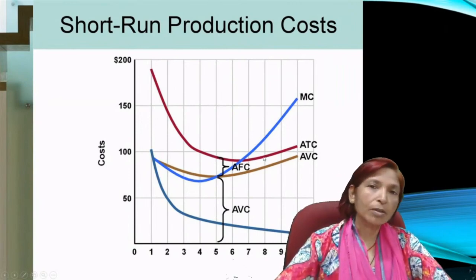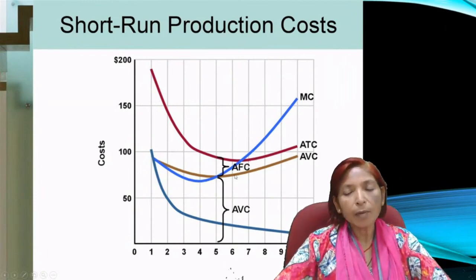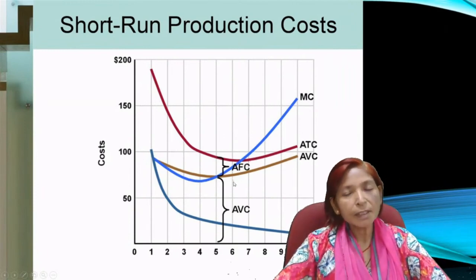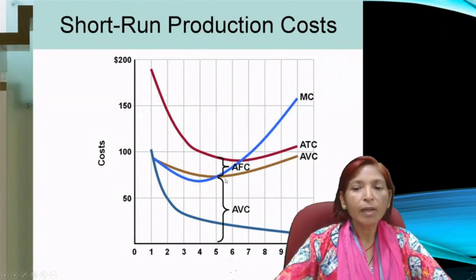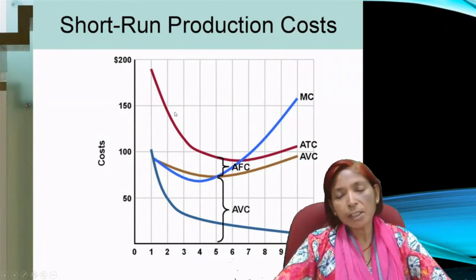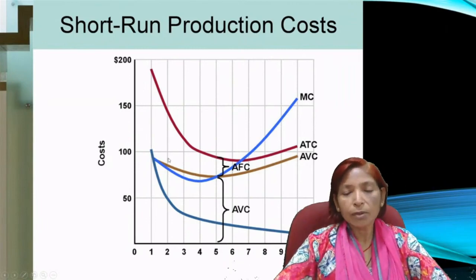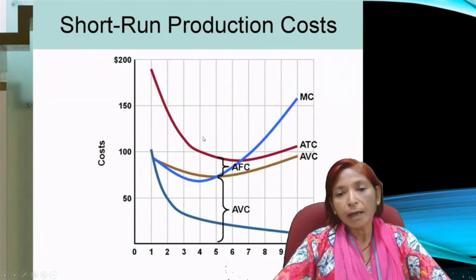So average total cost is also a U-shaped curve, and it is always above the average fixed cost curve and average variable cost curve, because it is the sum total of average variable cost and average fixed cost. The gap between average variable cost and average total cost will be higher in the beginning, but at the last this gap will be lower.